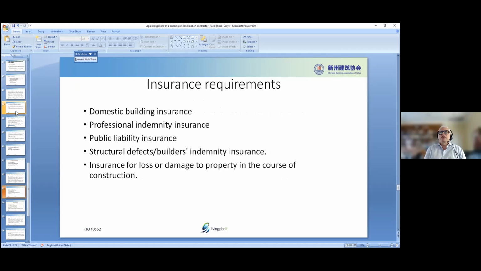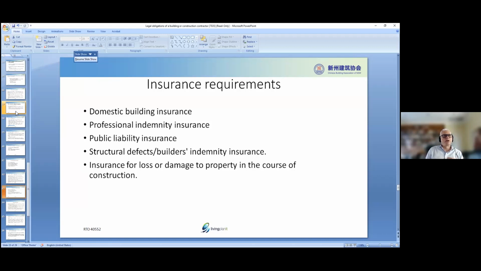Okay, insurance requirements. These are the different types of insurances that we must have, or we could have, not must have. But firstly, let's talk about HBCF, home warranty insurance. Any work that's done in New South Wales that's over $20,000 worth of value, the person undertaking that work, the builder, must have HBCF insurance, home warranty insurance, okay?